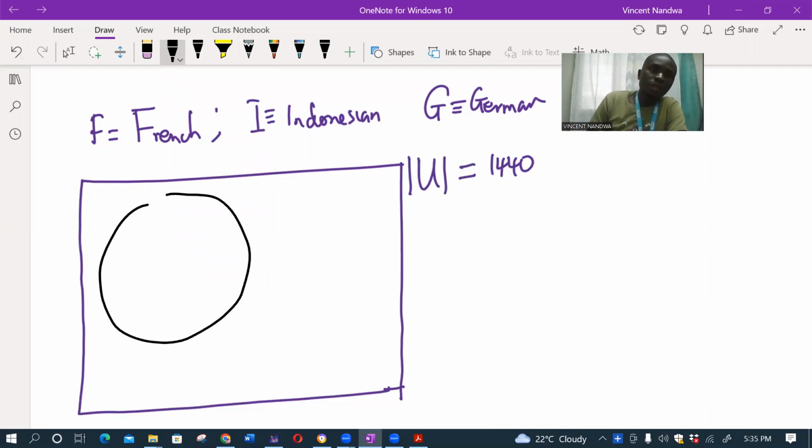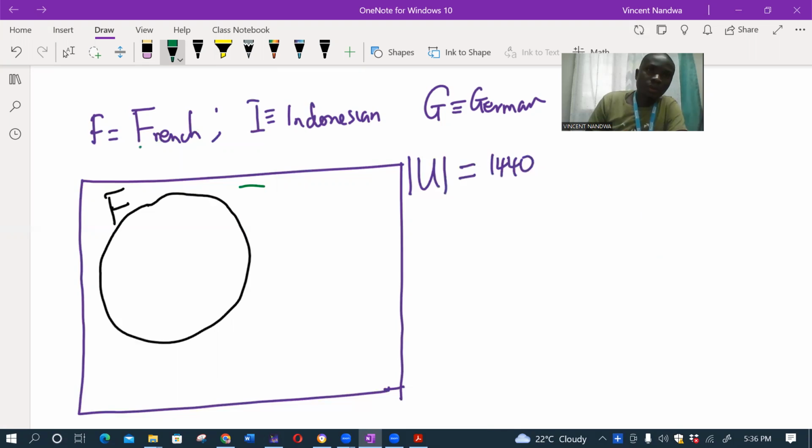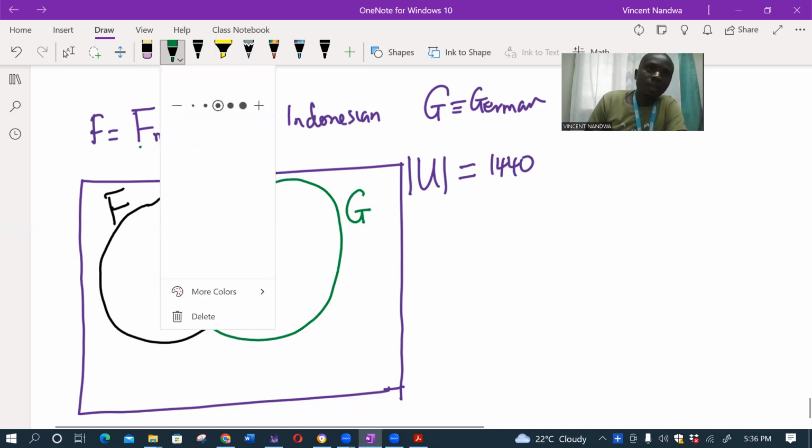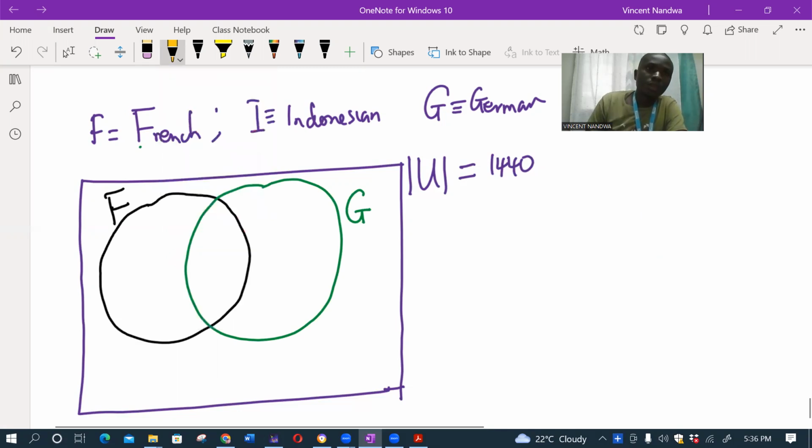Let this represent those who are studying French, let this one represent those who are studying German, and let this represent those who are studying Indonesian.